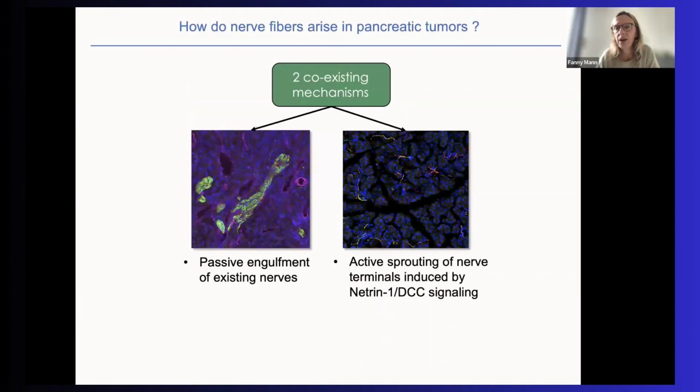So as a conclusion for this part of my talk, what we have shown is that the sprouting of nerve terminals is induced by the re-expression in the pancreas of a developmental axon guidance molecule, netrin-1, that induces sympathetic axon sprouting, and this sprouting might be important to limit the formation of PanINs and their progression to PDAC.